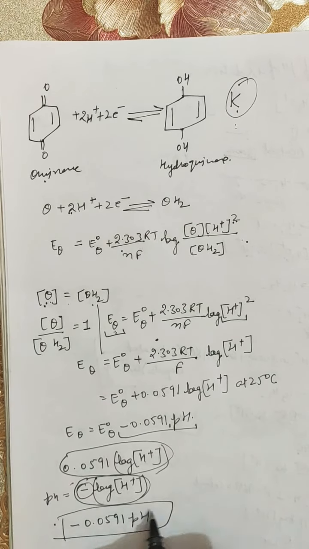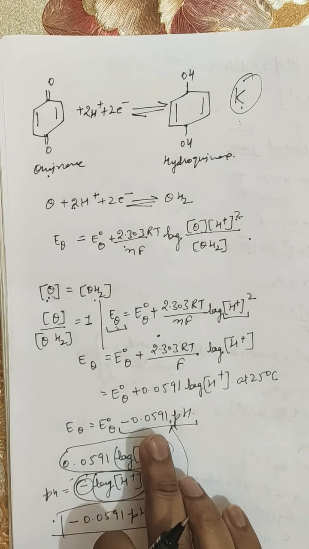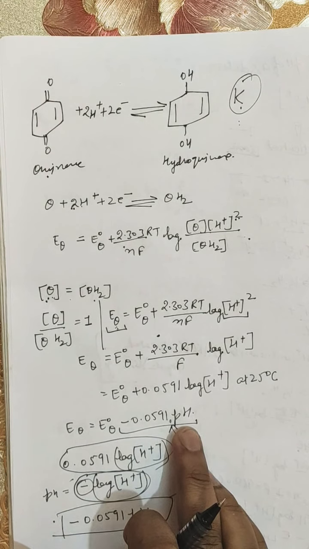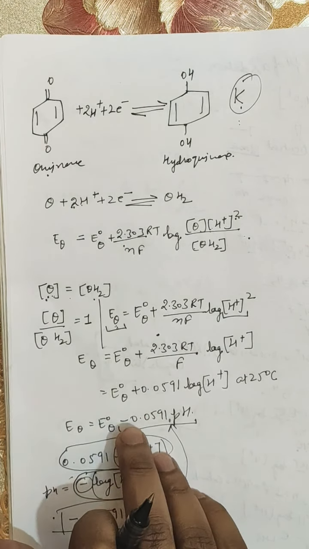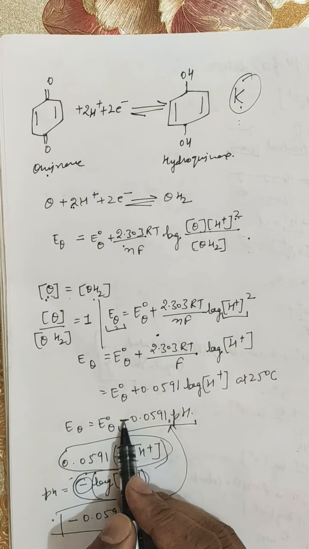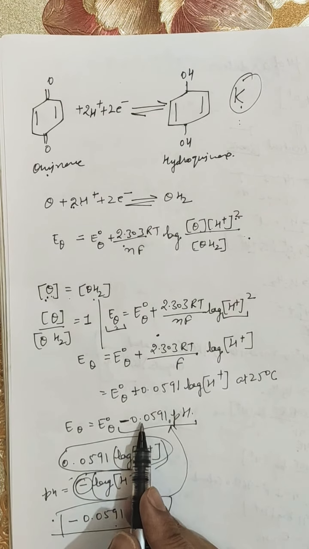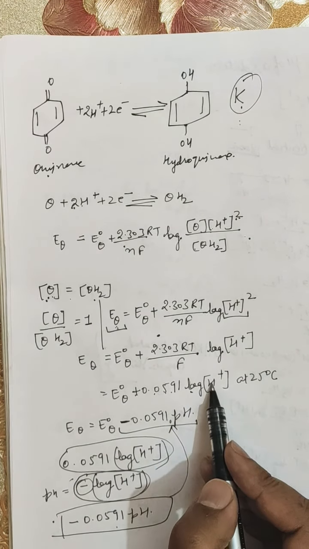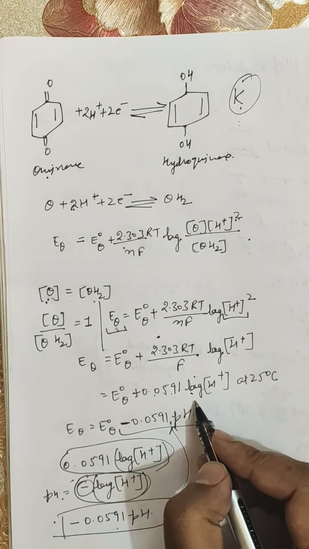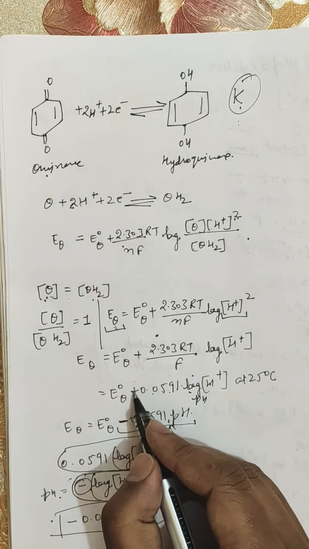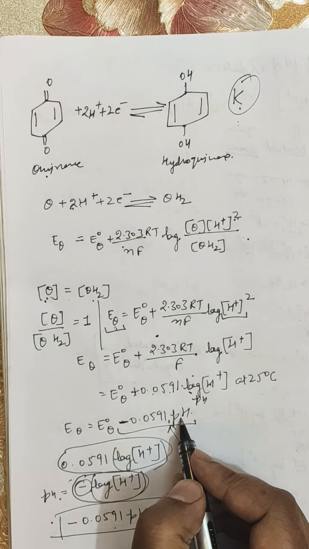I simplified this: where does the pH get inserted in the above equation, and where does this negative sign come from? It was done from here, as it was 0.059 log of H positive concentration, and log of H positive concentration is basically the pH along with the negative sign. So the negative sign was inserted here, and log H positive was changed to pH.